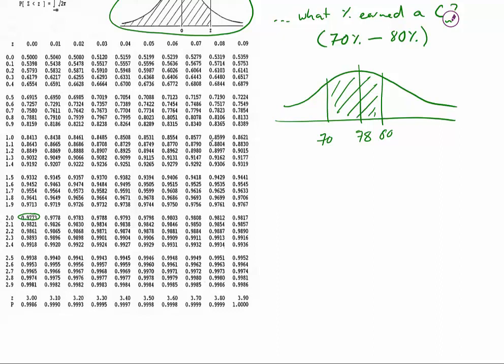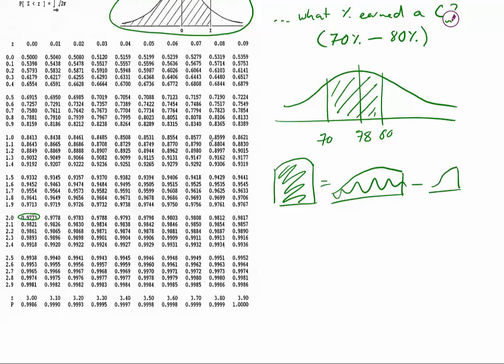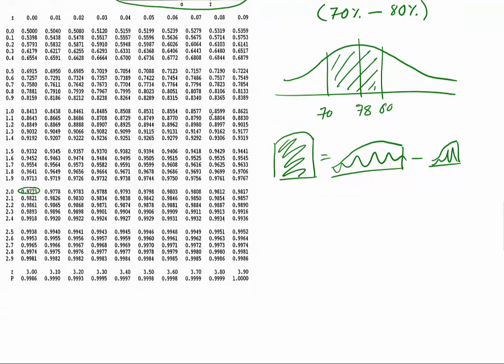Well, to figure out this area, I'm simply going to take the large one minus the small one. Okay, big one minus little will give us that area. Now all we have to do is find some z-scores.